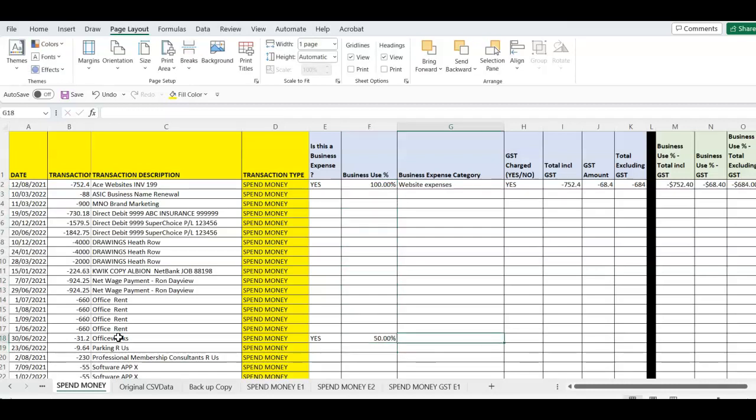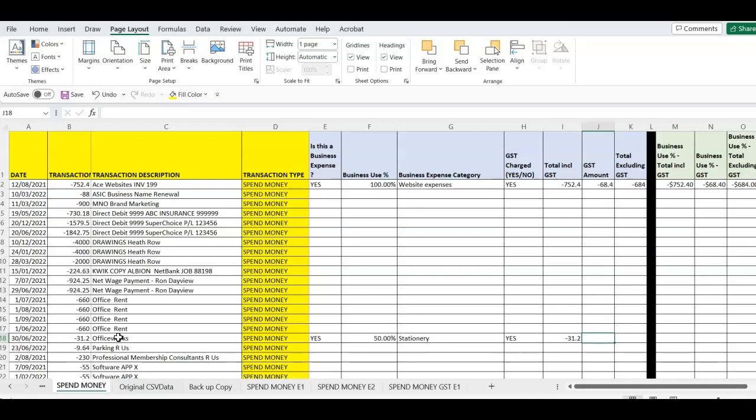So we really need to record the business use percentage as 50%. It's all stationery. So yes, GST was charged. We're going to capture the total transaction amount, the total GST charged, and the total excluding GST. But we don't want to claim that entire amount.